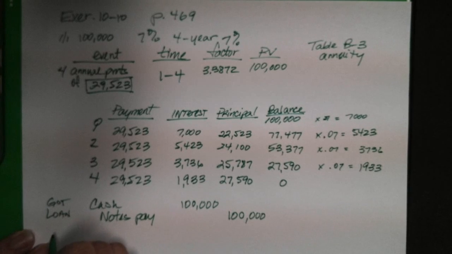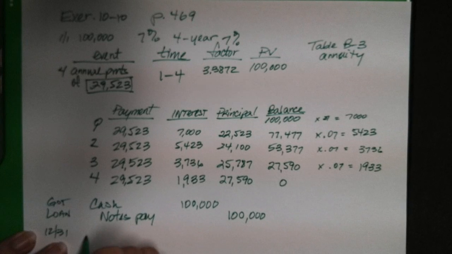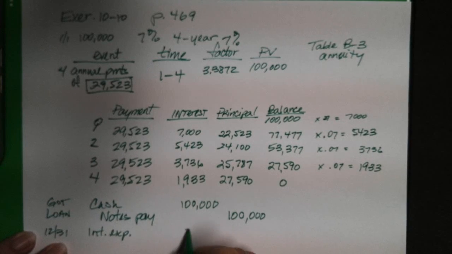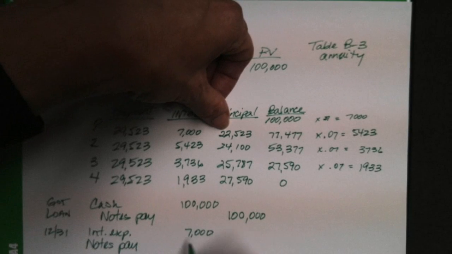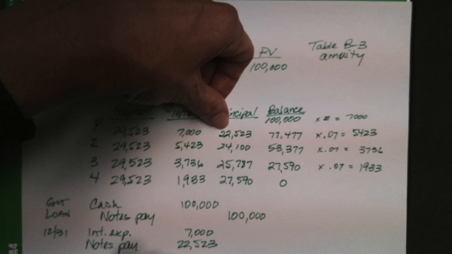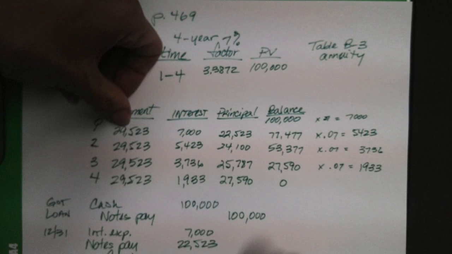Then in the first year, on December 31, we would have interest expense of $7,000 and notes payable of $22,523, pulled right off the amortization table, and write a check, crediting cash for the total payment, $29,523.